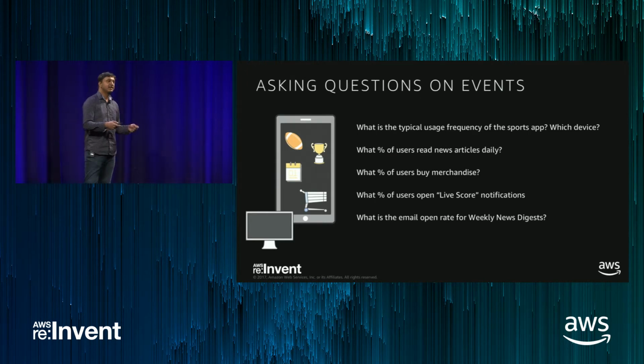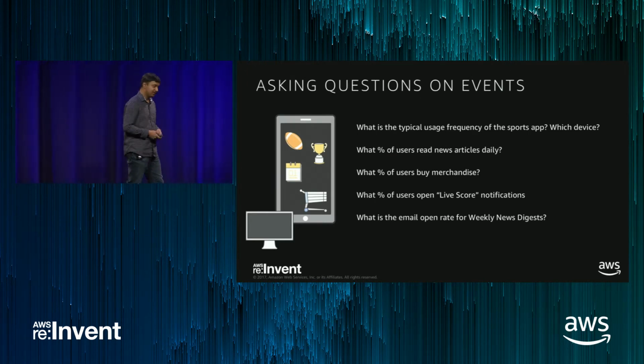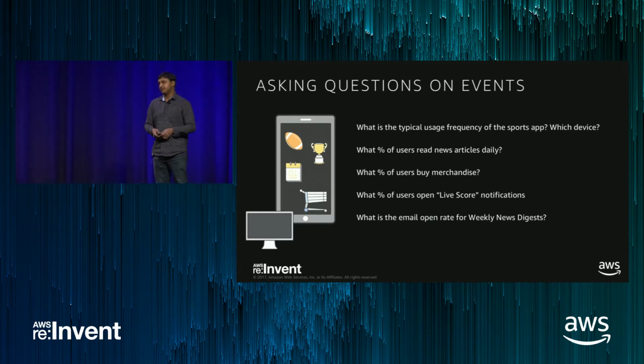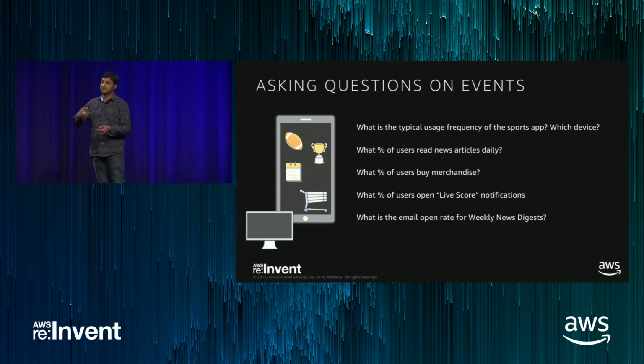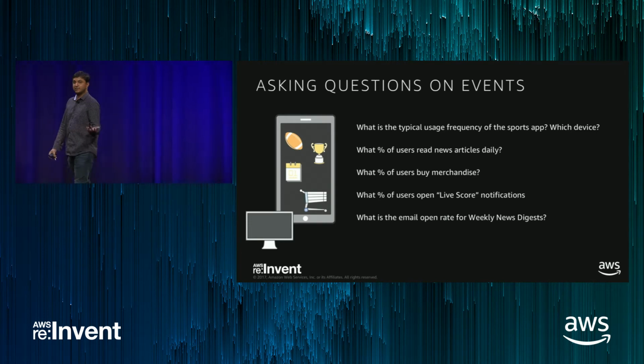Now, we can start asking questions of these events. What's the typical usage frequency of the sports fans application? Which device? Now, you've built an application for multiple mobile devices, web browsers, tablets, what have you. You want to understand which of those devices is the most popular means of consuming the app that you've built.